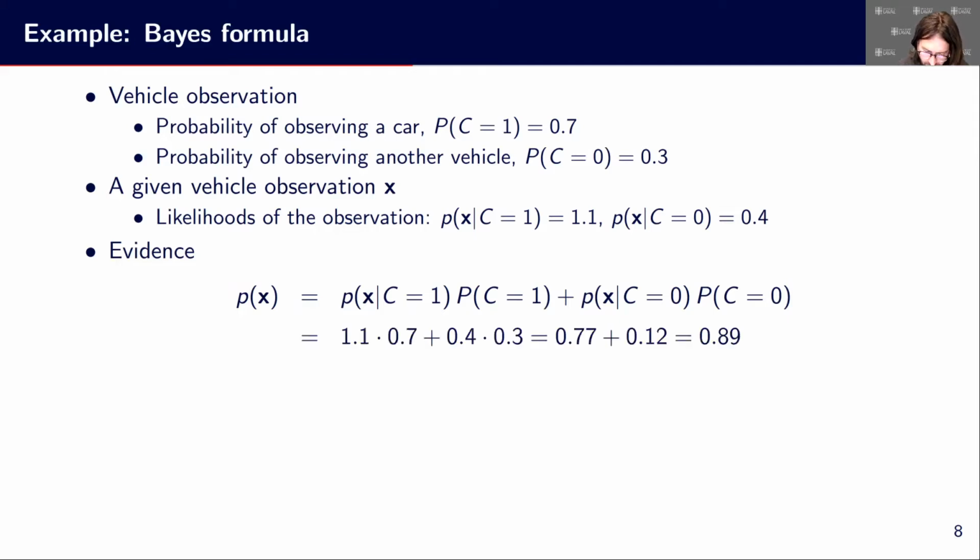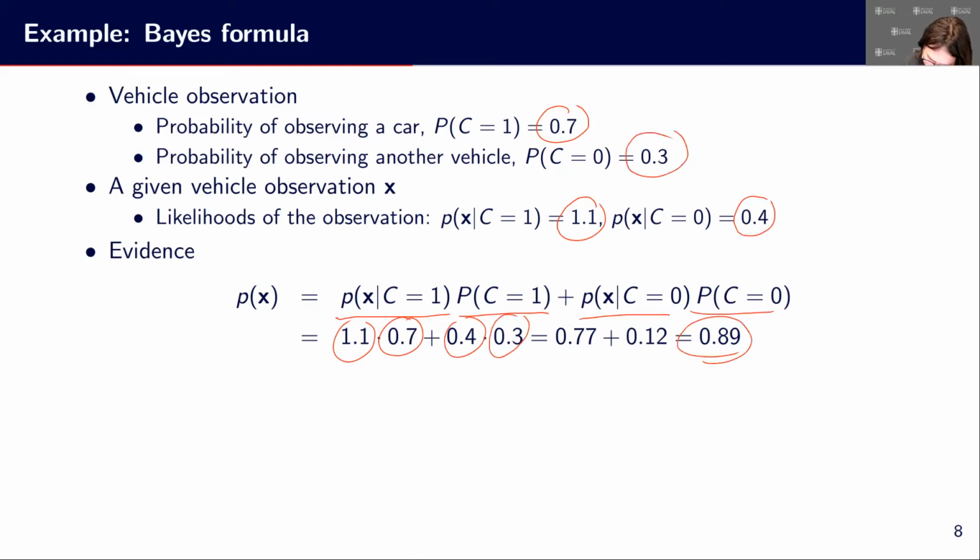We just put the numbers here. We've got as likelihood of class 1, 1.1, and the prior of class 1, 0.7, plus the likelihood of class 0, which is 0.4, and the prior of class 0, which is 0.3. And we get as final evidence 0.89. So 0.89 is the evidence of observing X.